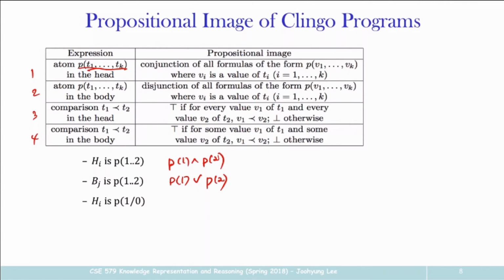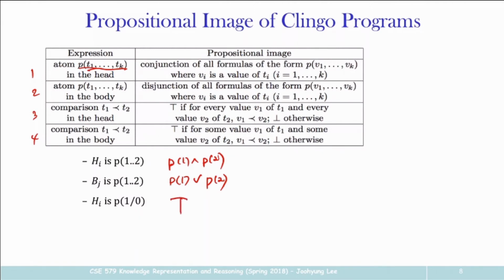It's undefined, right? So there are no values for 1 divided by 0. Okay? So then what will be the case? If there's no value, do you have to make a conjunction or disjunction? Conjunction, because this is the first case, right? Empty conjunction is equivalent to what? True. It's a top. Okay? So we turn it into this.